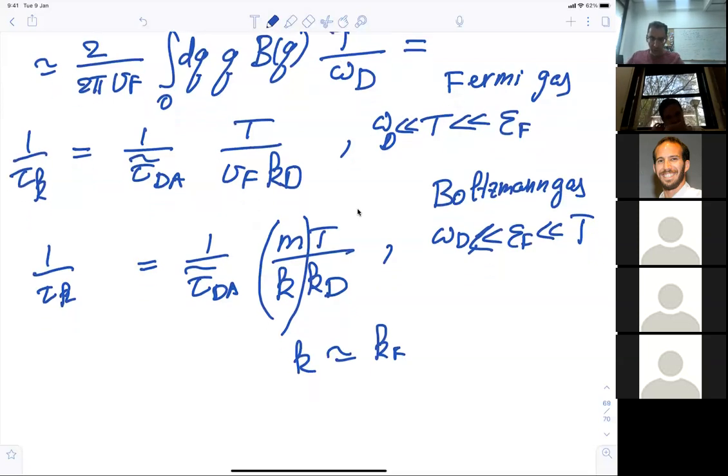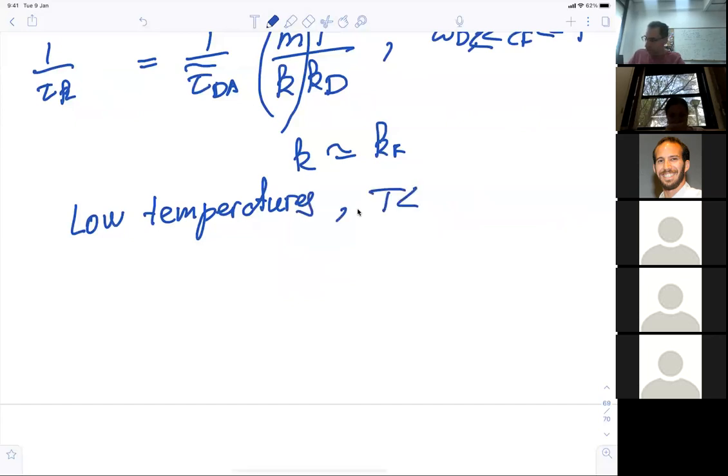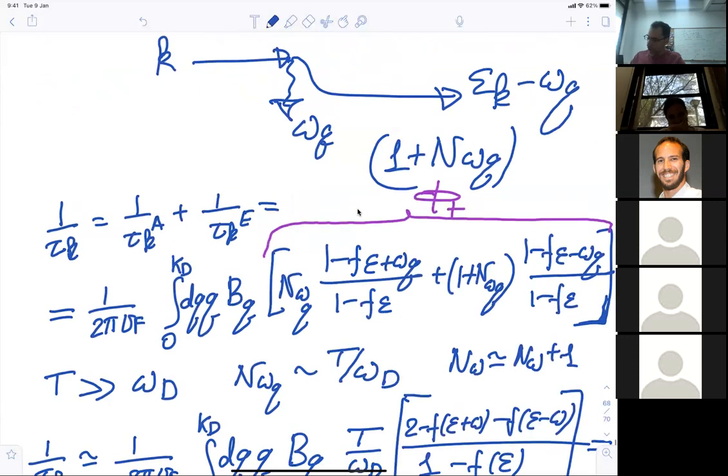Okay, now let's continue. Let us now discuss low temperatures, meaning temperature is much smaller than omega Debye. So what happens there? Let's go back. Let us look at the object we called phi plus.